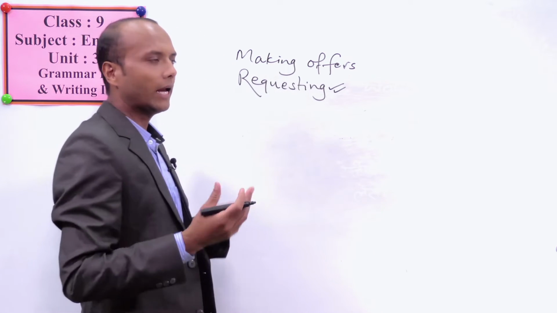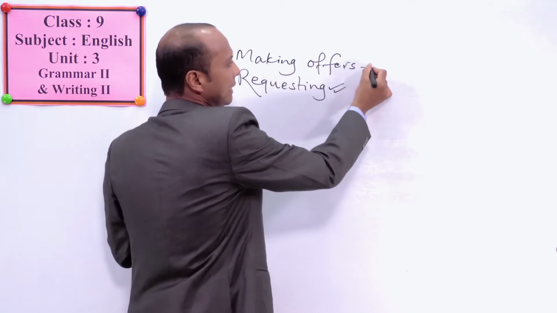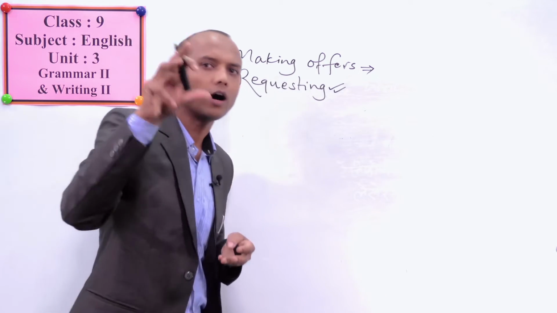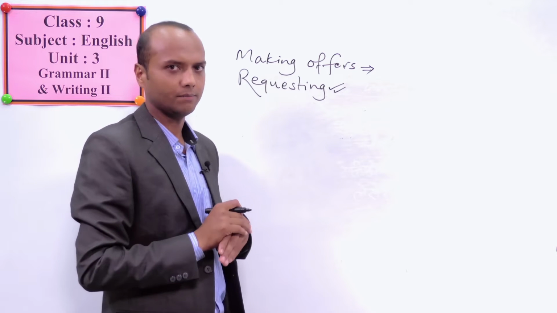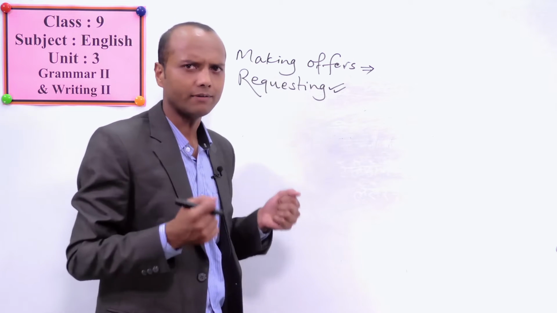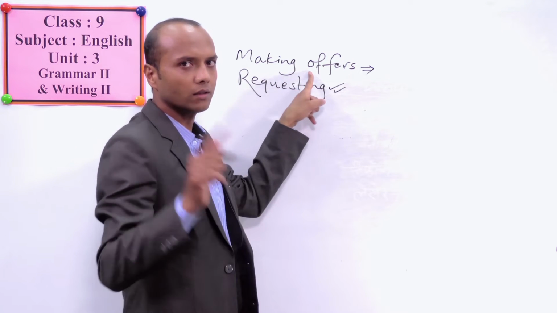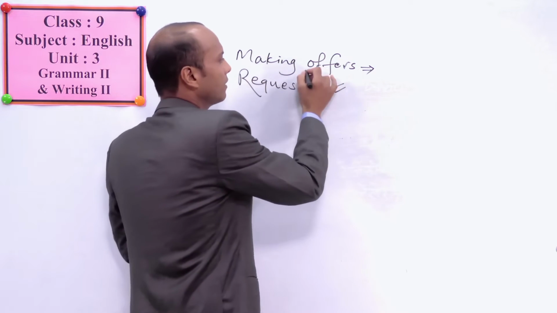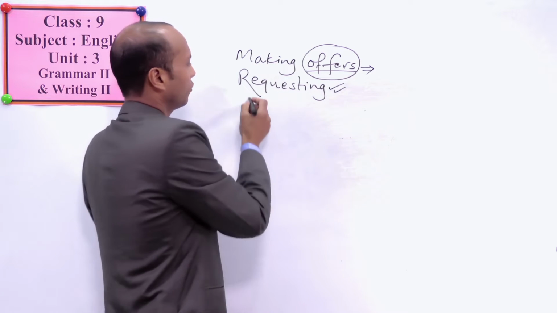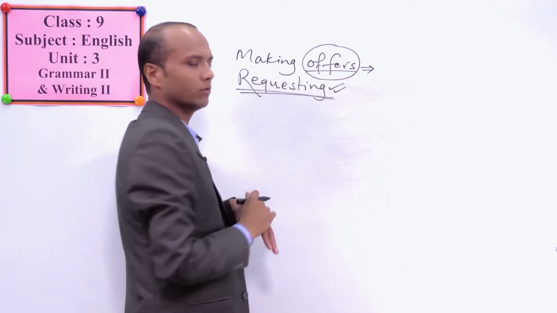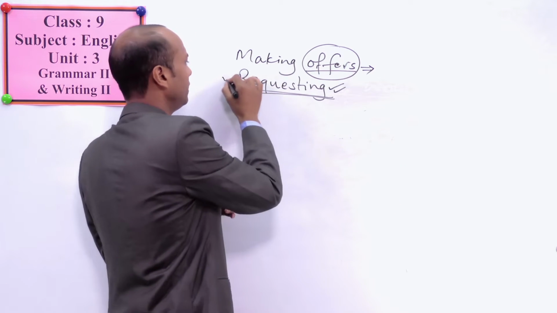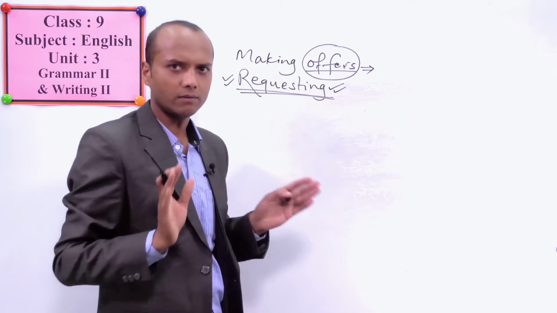And if you think that somebody needs some sort of support, but he or she does not ask you, you offer something. For example, you saw an old man carrying a heavy load. You say, can I help you? The old man didn't ask you, but you said, can I help you? So this is an example of an offer. Get it? So if the old man requested you, for example, would you please help me carry this load, that might be a request. Are you clear about it?